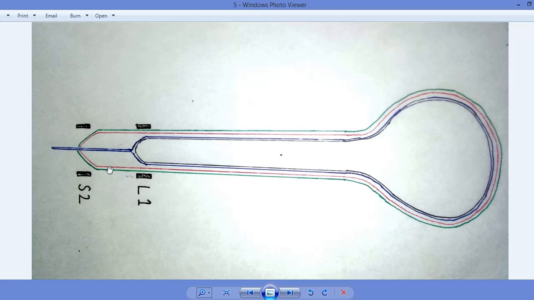In between L1 and S2, the dural sac exists, and a large quantity of cerebrospinal fluid exists over here.